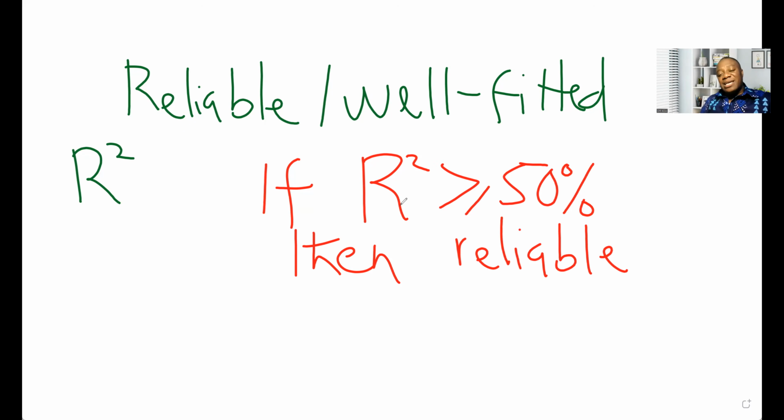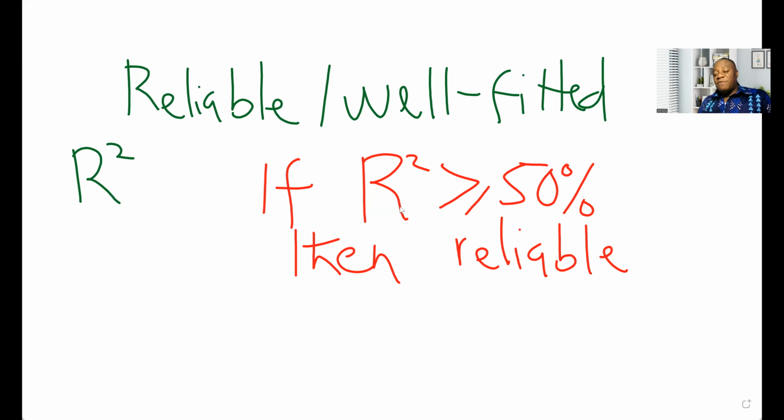But first, let's understand what the R square means. What is the meaning of the R square? Everything I'm saying, you want to write it down. The R square measures the variability. If you are taking notes, that's why I'm slowing down.